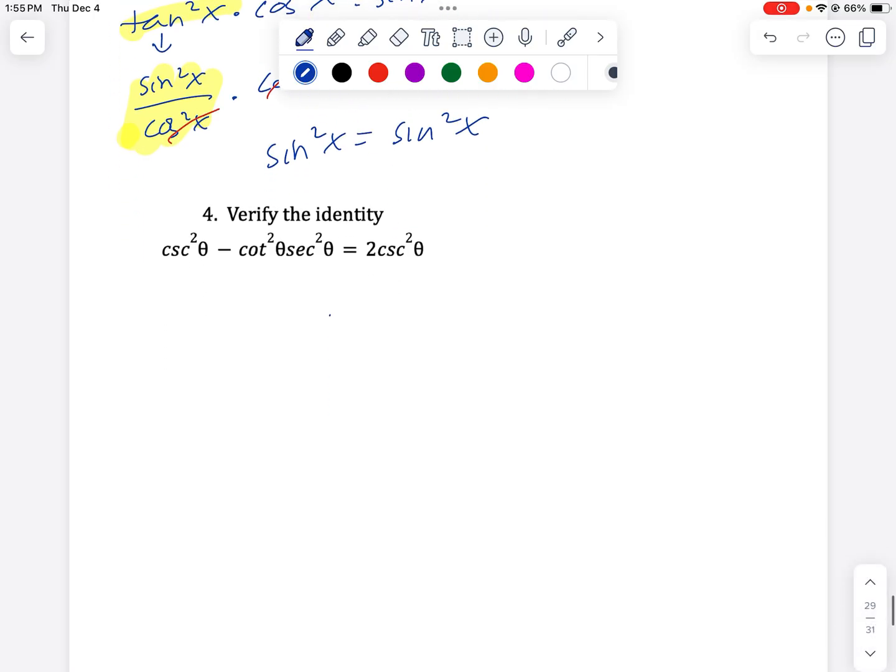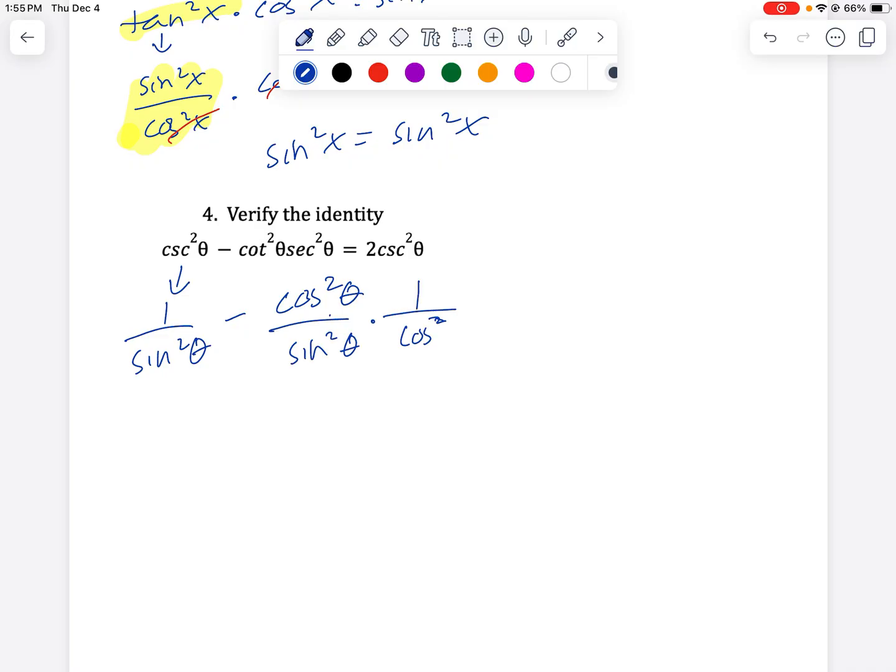All right, let's look at this next one. I can put everything in terms of sine and cosine if I want. Let's go 1 over sine squared theta minus cotangent is cosine squared theta over sine squared theta times 1 over cosine squared theta. This is the cotangent.